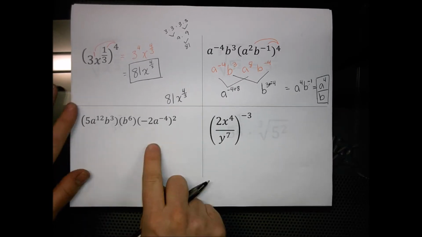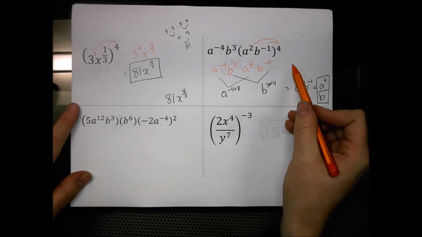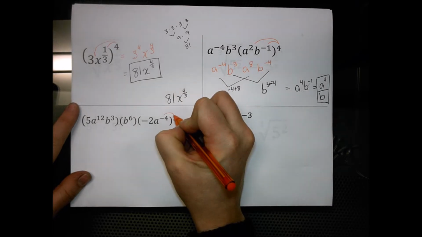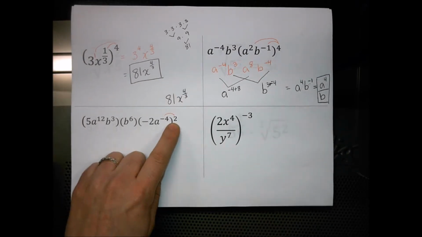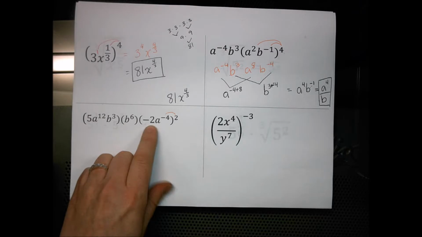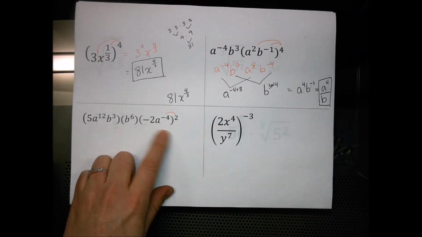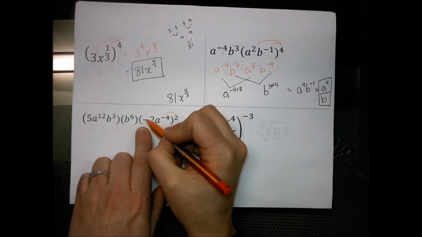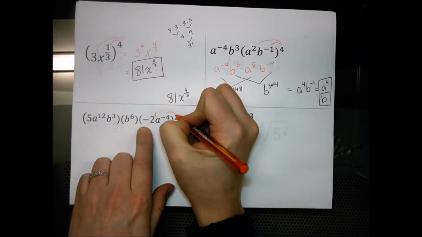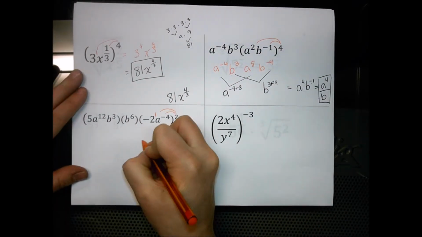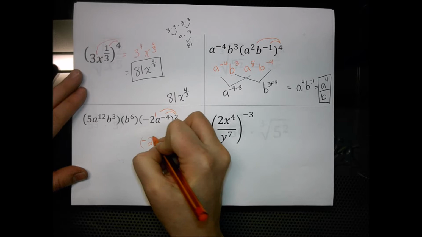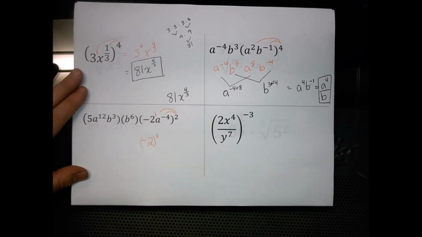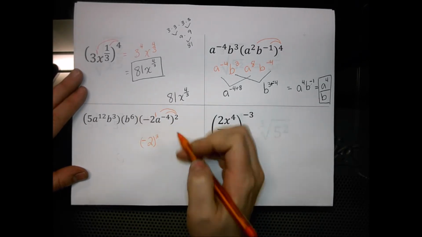All right, over here, just like the one we just solved, distribute the exponent to every other exponent. Where else is there an exponent here? The 1 on the -2. The -2 to the first. And I'm going to put that -2 in parentheses so I know to square the whole thing.